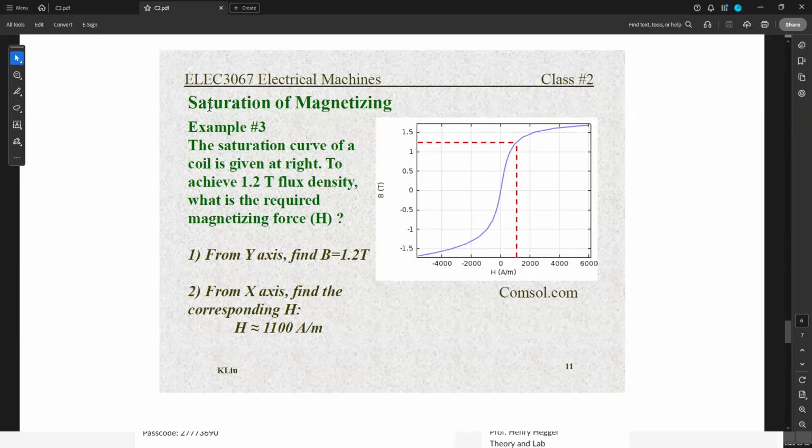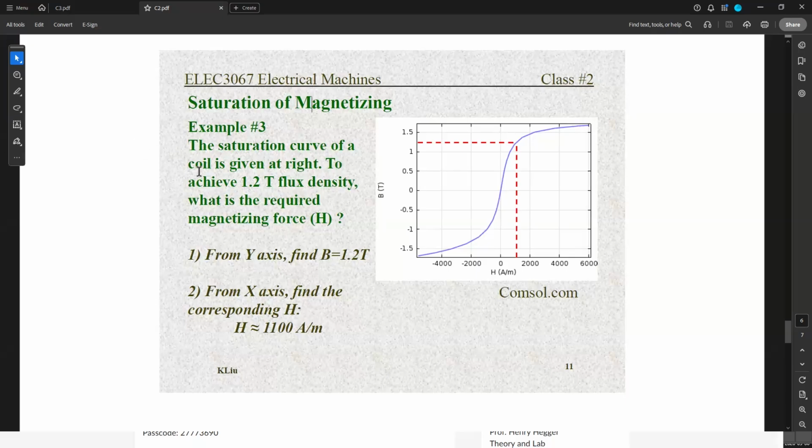Let's take a look at this example, where we're talking about the saturation of magnetizing. If we increase the magnetizing force, the magnetic field is going to get stronger and stronger, and then it starts leveling off. No matter how much more we give, the magnetization is going to level off and stay there. So let's see what this example gives us.